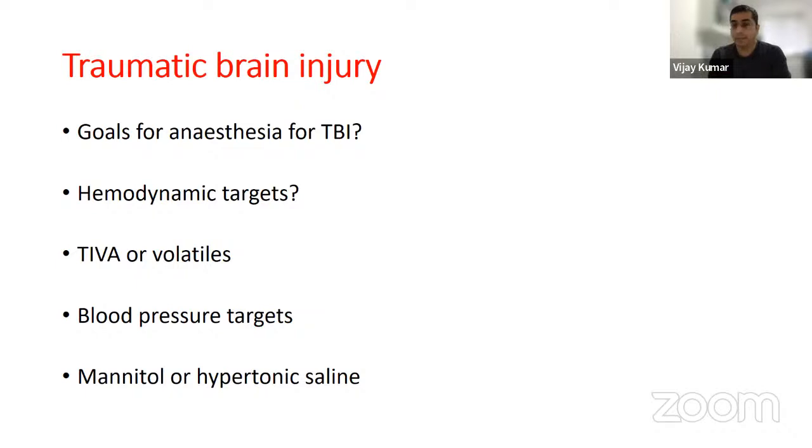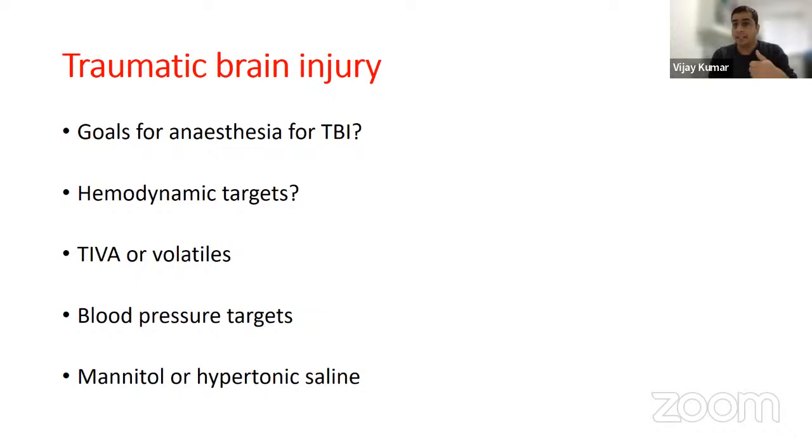I would preferably, and most of us, give a TIVA. The advantage of TIVA is basically that propofol is also anti-apoptotic and has oxygen free radical scavenger roles and all those things, so I feel it is good in terms of reducing the secondary brain injury.